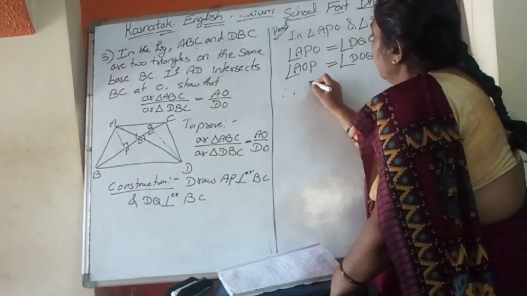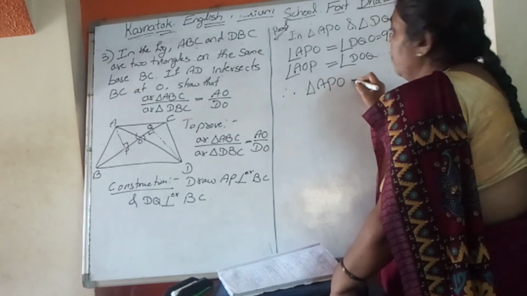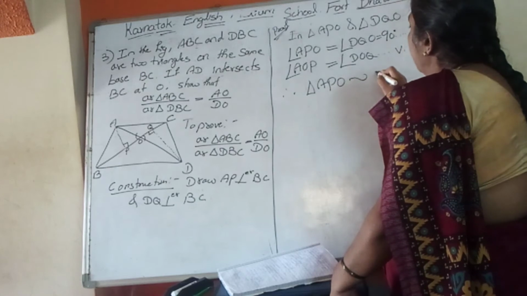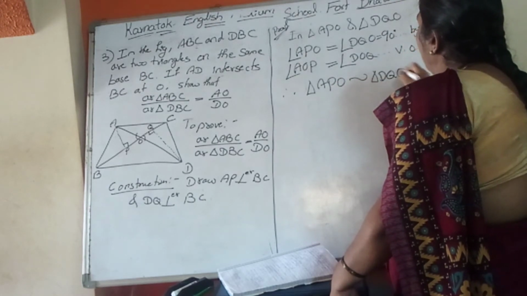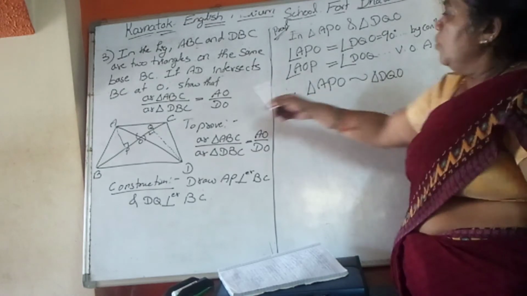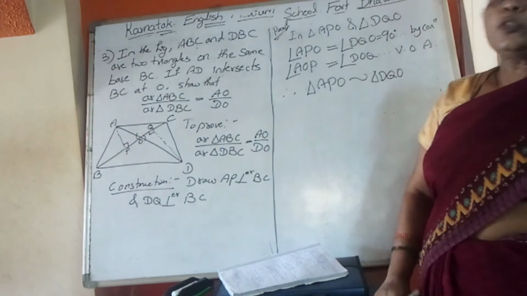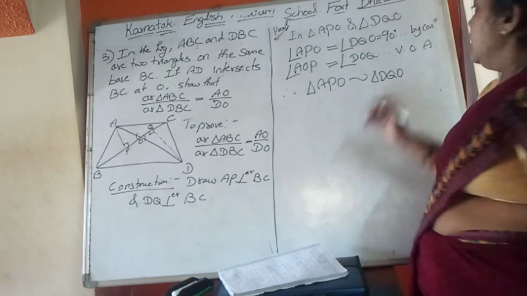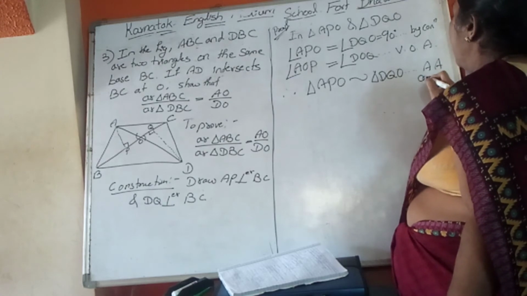Therefore, triangle APO is similar to triangle DQO. APO and DQO, these two triangles are similar because of the AA criteria.